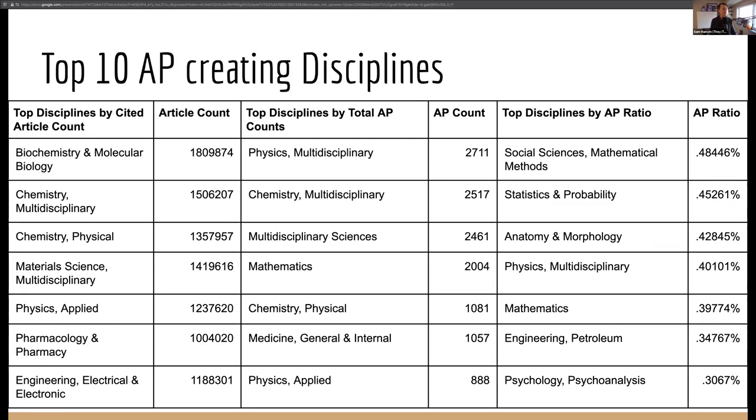So physics multidisciplinary generates 2,711, and it's 0.4%. You can also see the article counts for the other ones. They aren't the same disciplines, of course. If anyone wants those, I have tons of spreadsheets with all of this data.